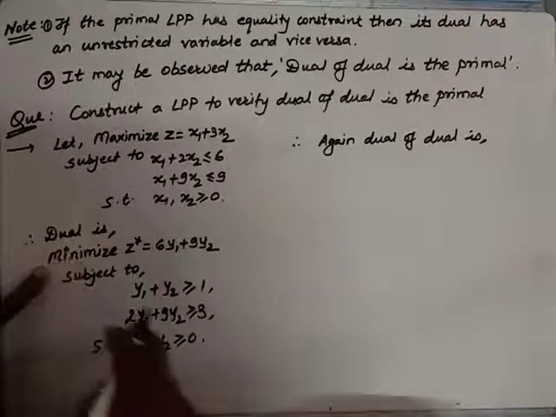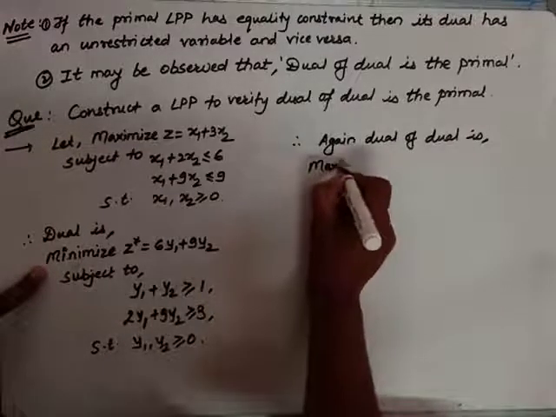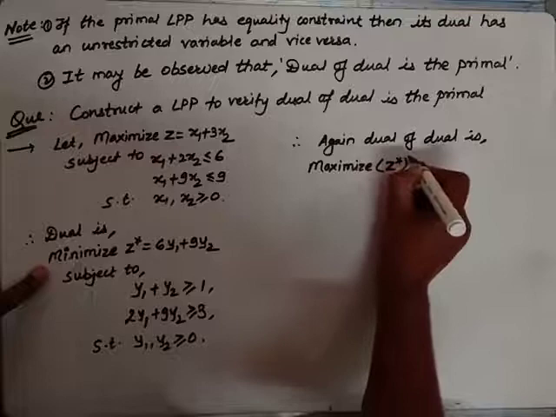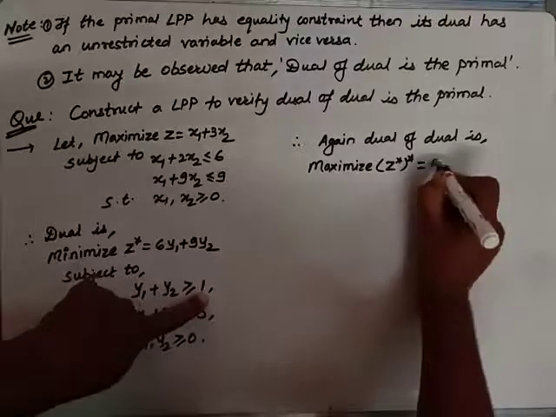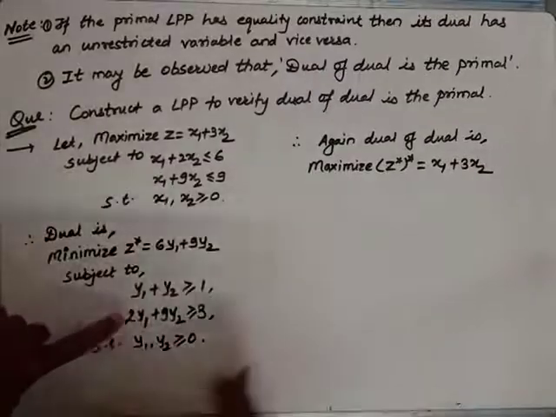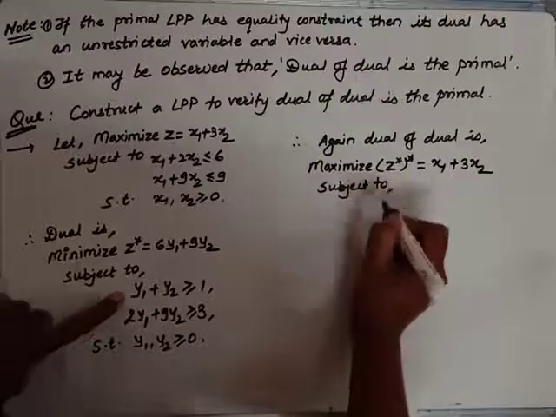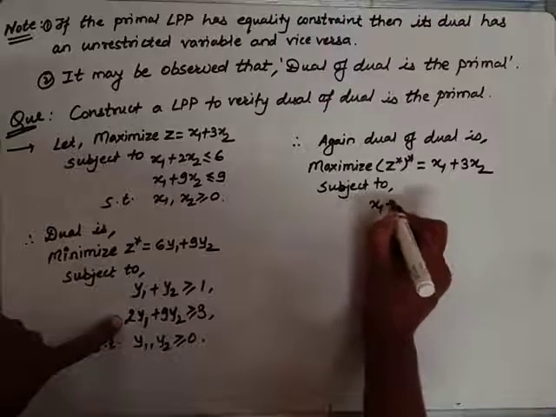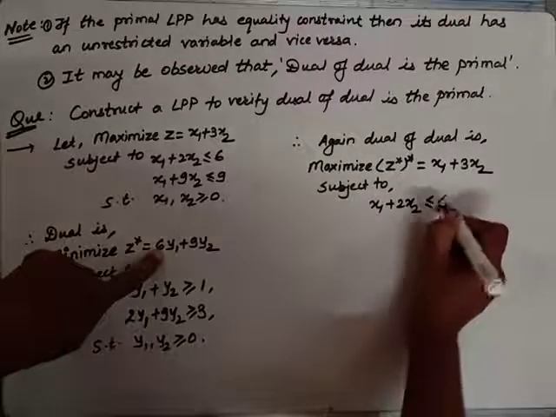It is of minimization type, constraints are of greater equal type, so that will become maximize z star star equal to x1 plus 3x2 subject to, the coefficients of y1 will give the first constraint, so x1 plus 2x2 greater equal becomes less equal 6.